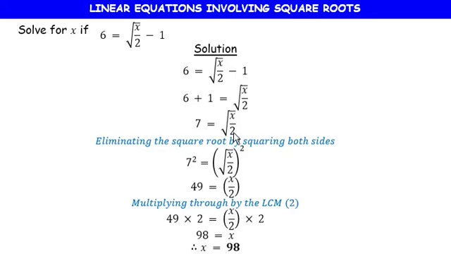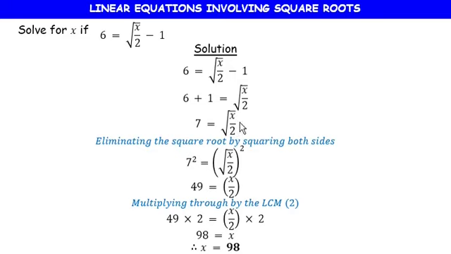We said that we want to eliminate this square root. It is sort of like the x is caged inside the square root sign. So long as the x is kept in this square root sign, it is sort of being imprisoned.